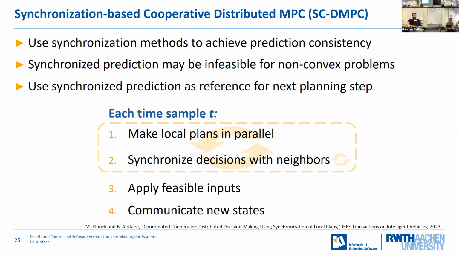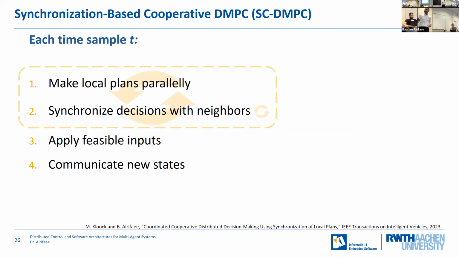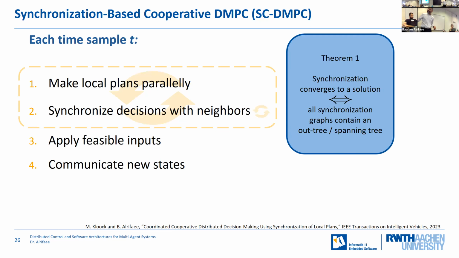So we have here two kinds of iterations. And every computer science student will talk about the convergence, right? So we have to study the convergence. Looking at this iteration, we can guarantee convergence, we prove this, if the synchronization graphs of every connected part in the undirected variant have a spanning tree, and in the directed variant have an out tree.